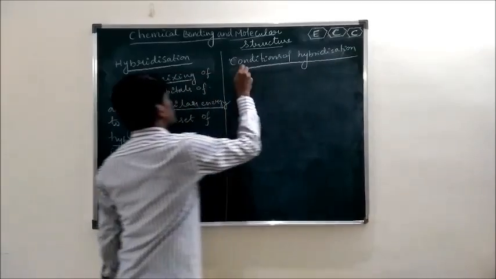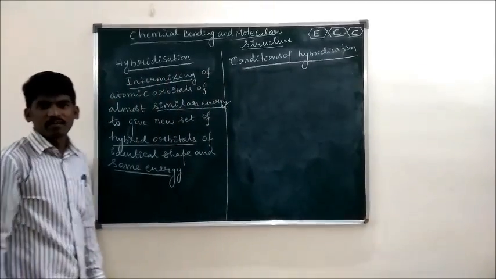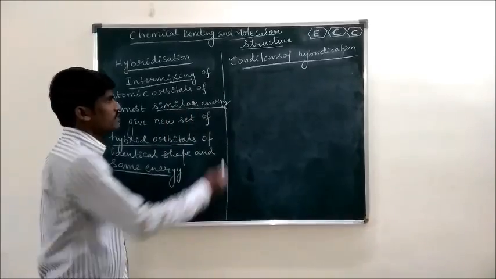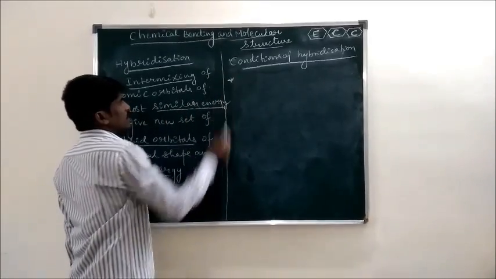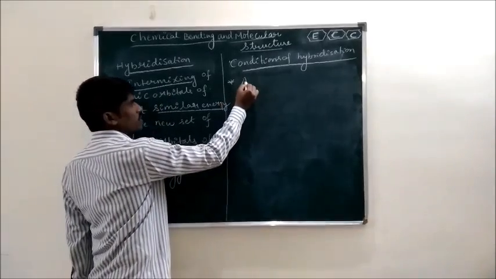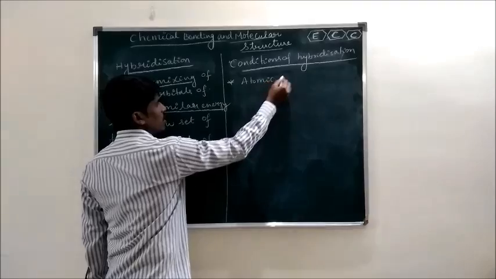Now we come to know the definition of hybridization, and we are discussing the conditions of hybridization. First thing, in hybridization we are intermixing atomic orbitals of the same atom.